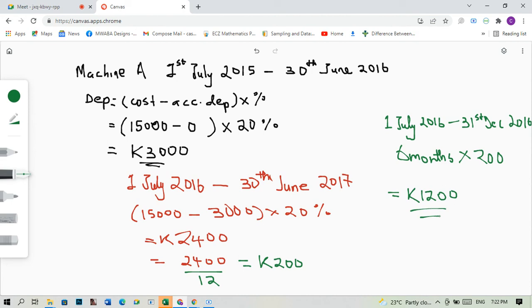That is all you have to do for the depreciation for machine A.